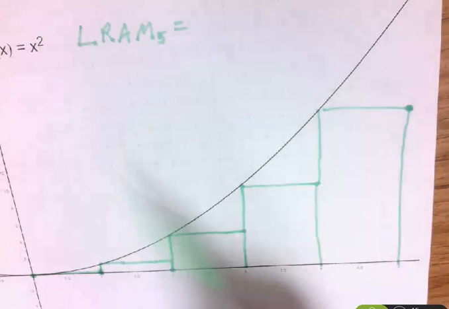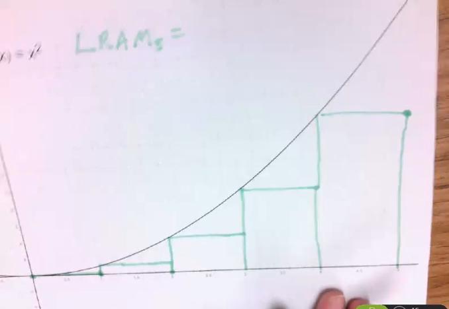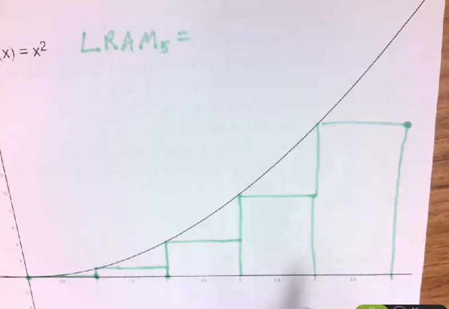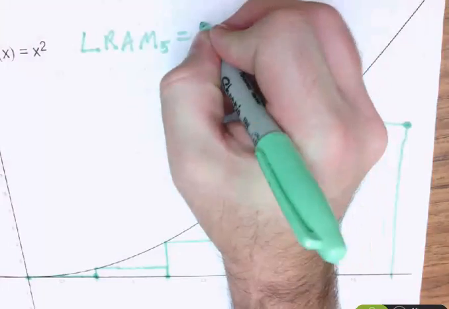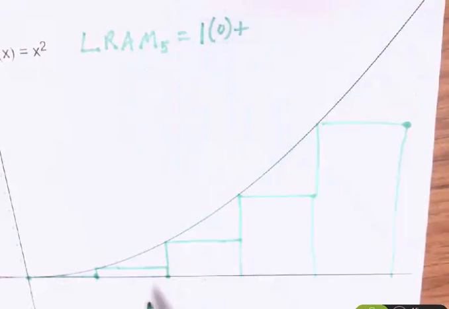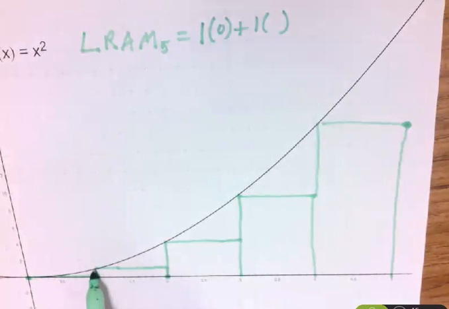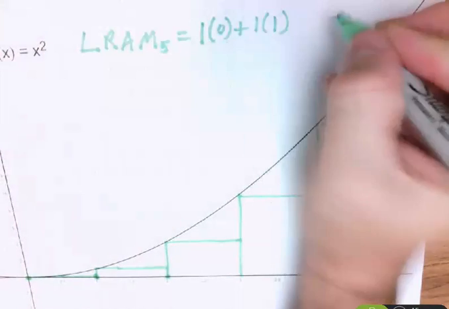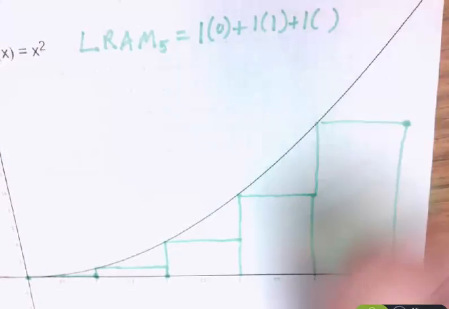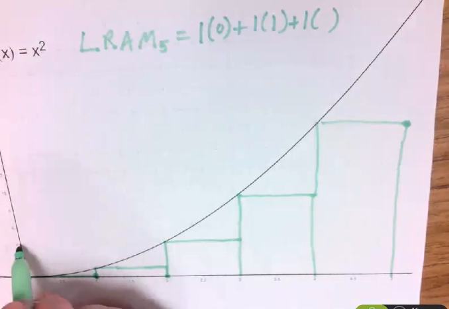But this is basically how you do it, and we're just starting here, one step at a time. Our area will be base times height. Our base is 1, our height is 0. So base times height plus base times height. In this case, our height is 1 squared, which is 1, plus base times height, 2 squared, that's 4.